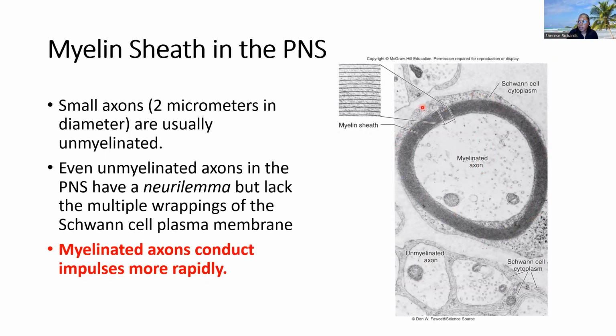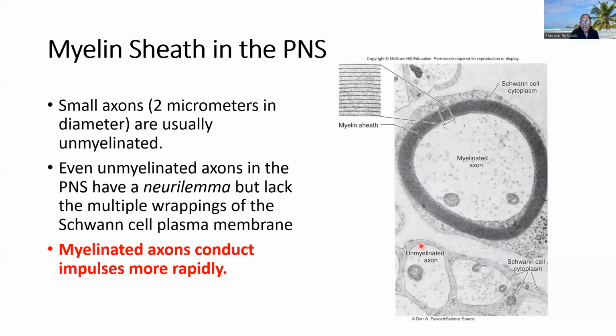And then here's the cytoplasm of the Schwann cell that's still sort of intimately wrapped around this axon. However, notice in the periphery, we have another unmyelinated axon here. And then it's still going to have the projection around the layer of this axon will still be considered neurolemma.